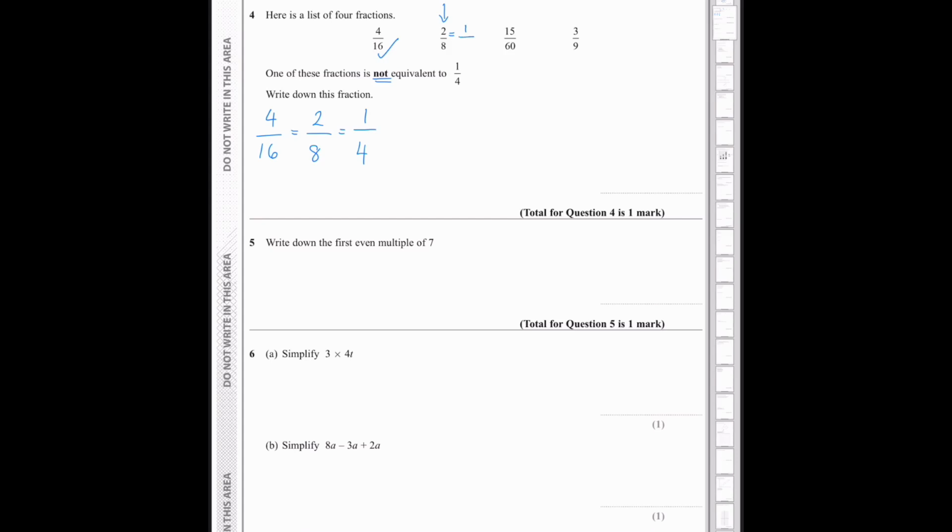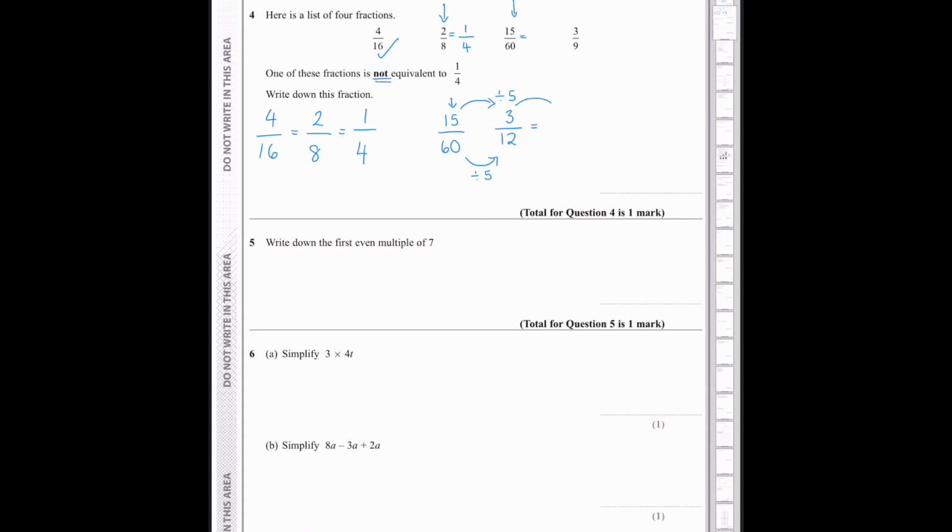We can half that, 1/4. 15 over 60. Now, with 15 over 60, you won't be able to half it or divide by 2 because this is an odd number. So instead, we're going to divide by 5. Okay, 15 divided by 5 is 3, and 60 divided by 5 is 12.